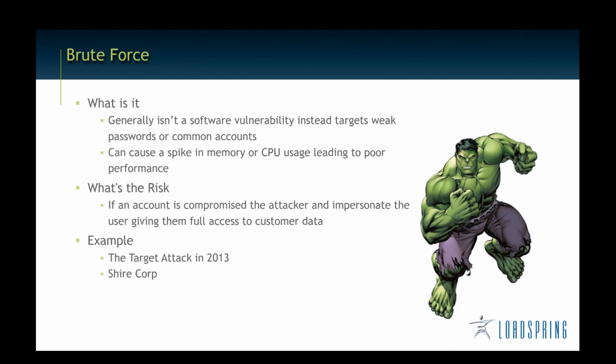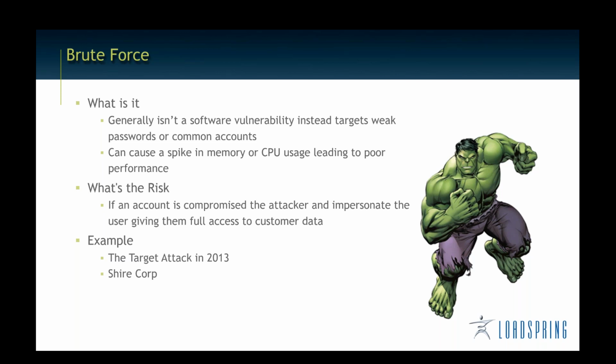That then allowed them to install malware on all of the terminals. And then through that malware on all of the terminals, execute a man-in-the-middle attack where they captured all of the credit card information for their customers, bundled that up, and then shipped that back to themselves.